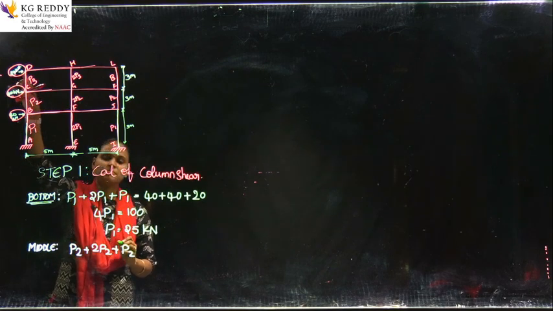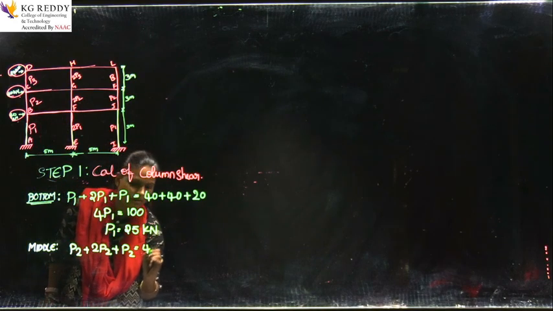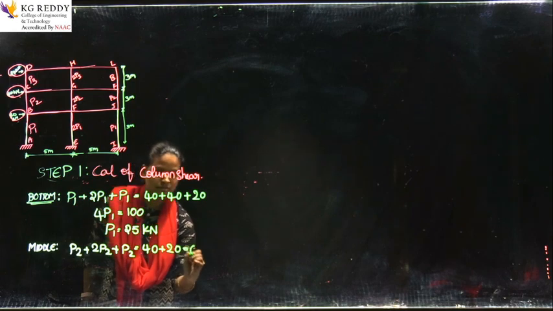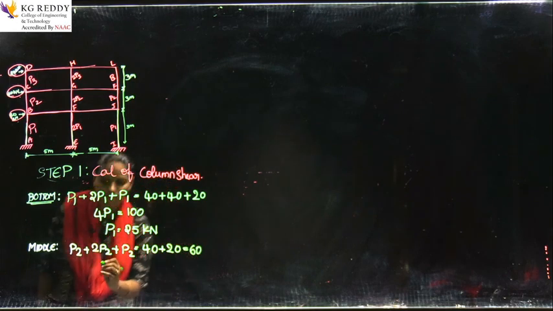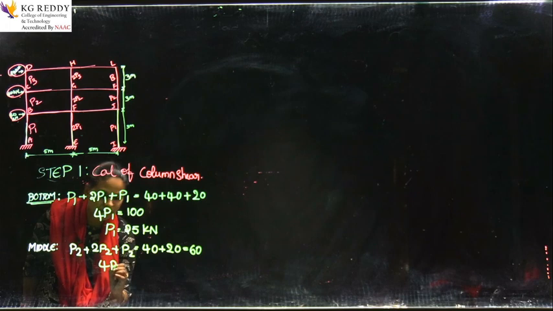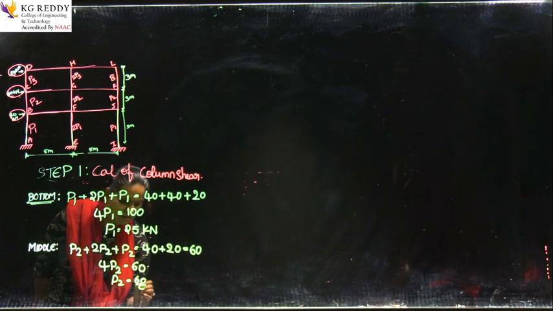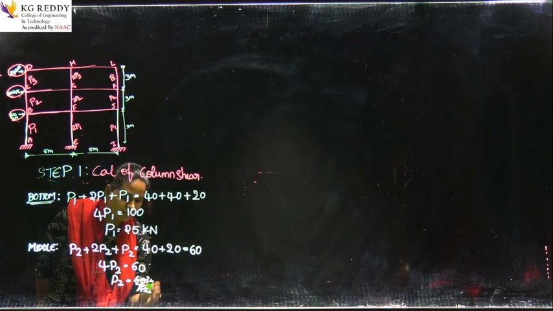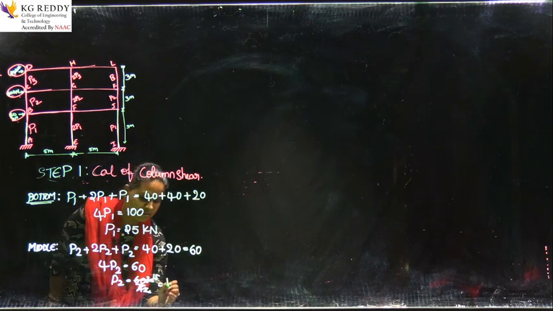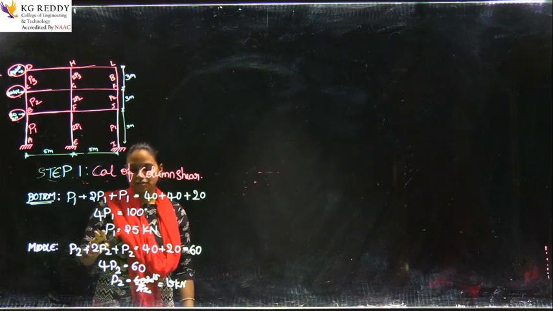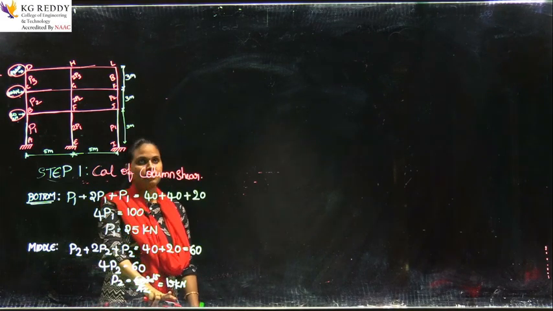So 40 kilonewton plus 20 kilonewton equals 60 kilonewton. What will the P2 value be? 4P2 equals 60 kilonewton, so P2 equals 60 by 4, which is 15 kilonewton. So you got P1 as 25 kilonewton and P2 as 15 kilonewton.